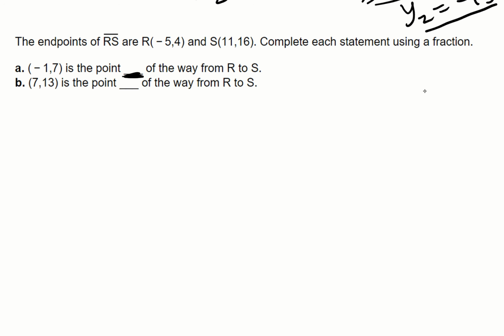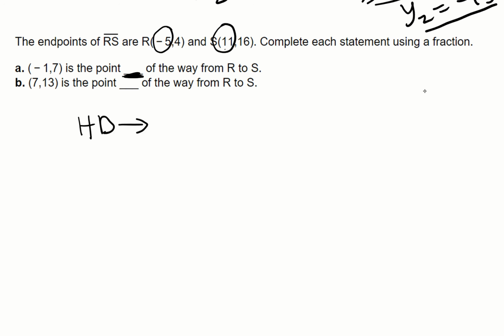And so what we want to do, in order to do this, we have to figure out how far is it from there to there? That's really what we want to do. So pick one of the distances that you want to do. So let's pick x, okay? How far is it from -5 to 11? Well, that's the horizontal distance, right?